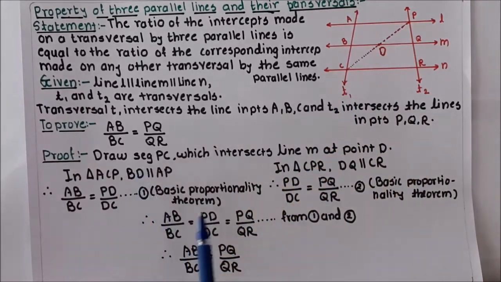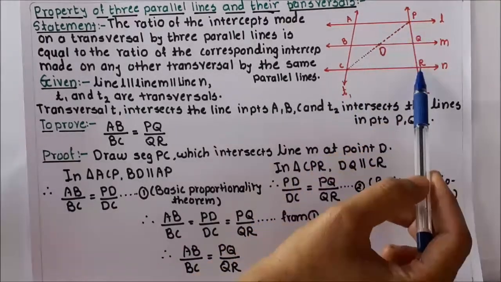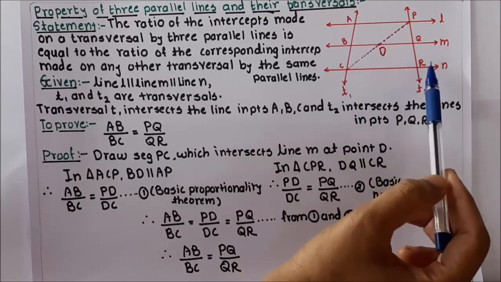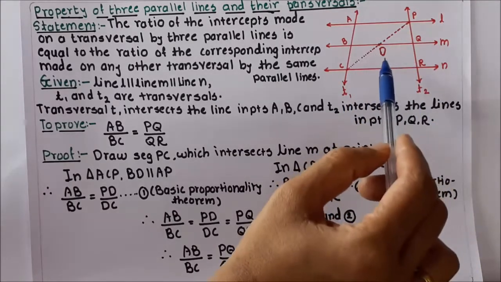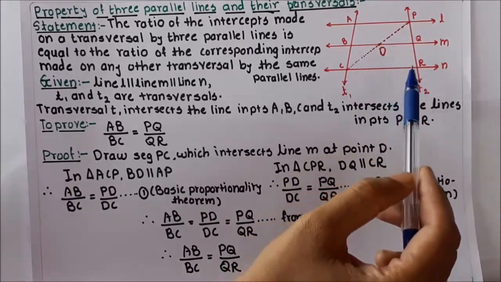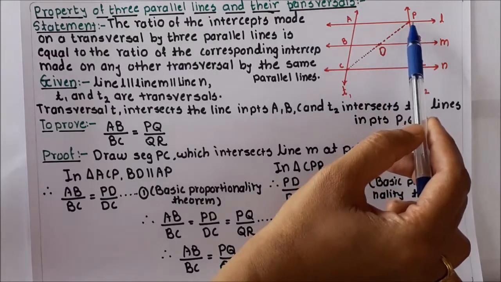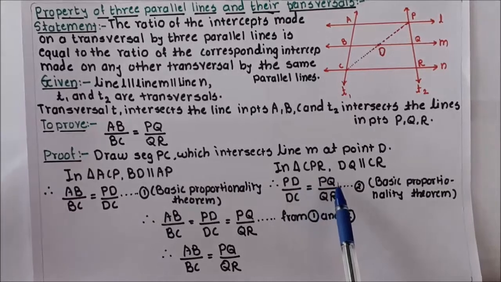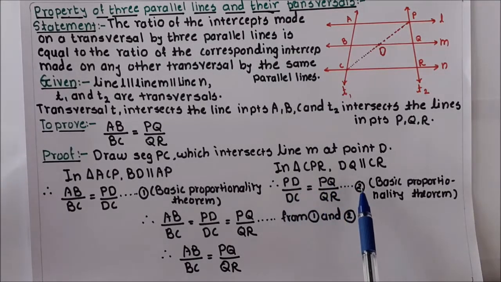This is our first statement. Then consider triangle CPR. In this triangle also, DQ is parallel to CR, and again here we can apply the basic proportionality theorem, because of which PD upon DC is equal to PQ upon QR. It is written here and it is statement 2.